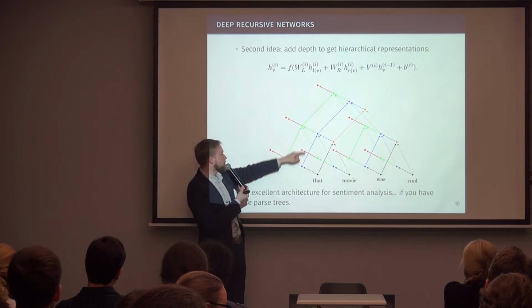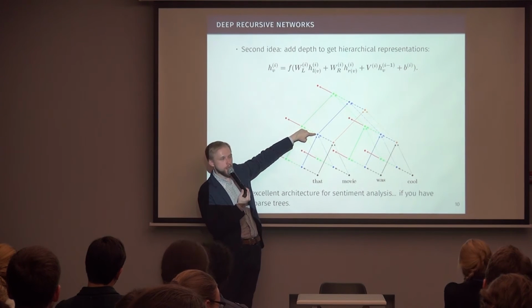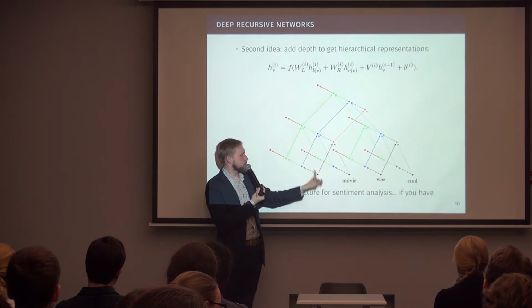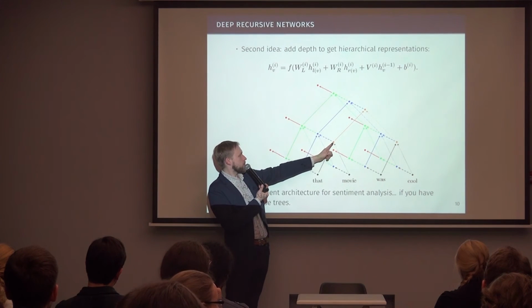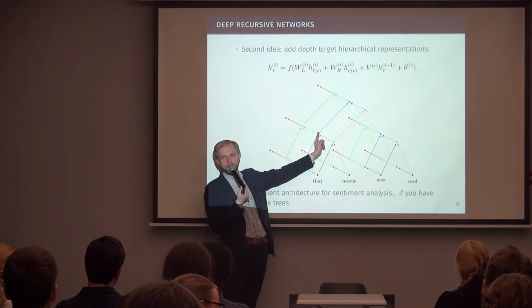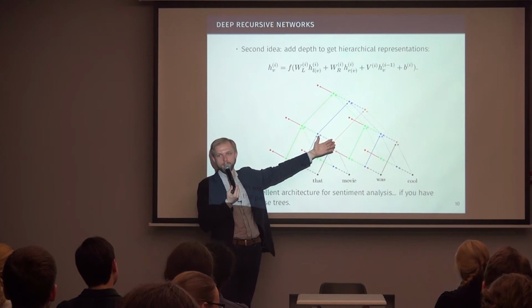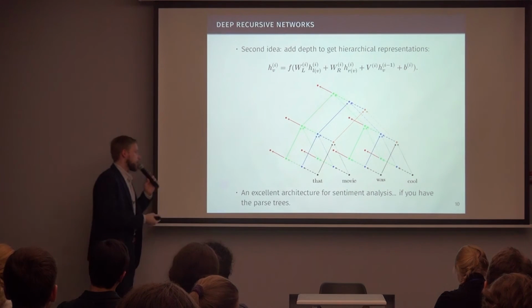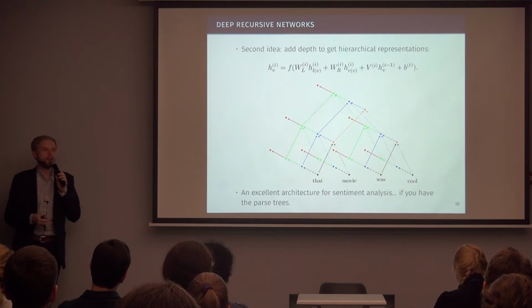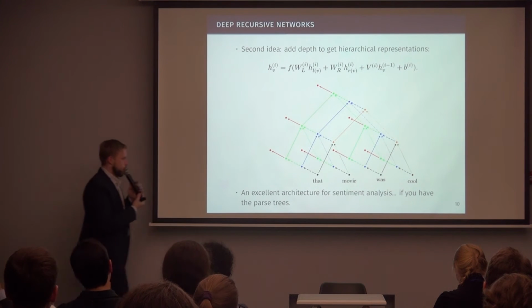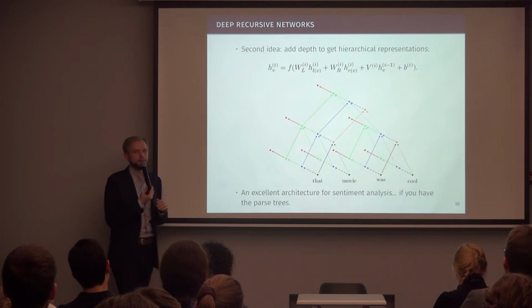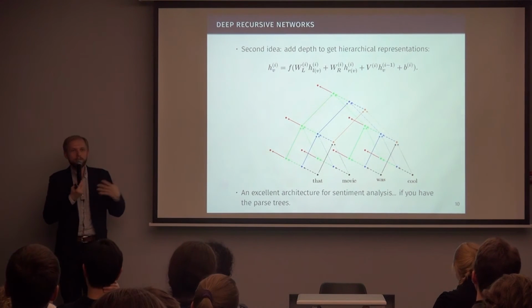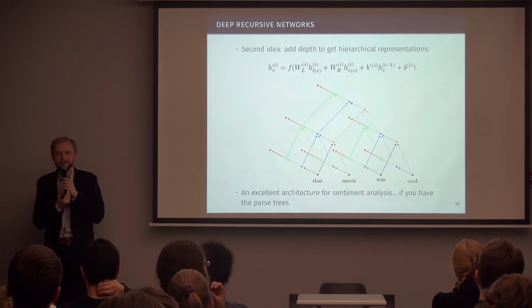This blue node here takes as input the blue nodes on the previous level in the tree, and the corresponding node on the previous layer of the network. And again, this is an excellent architecture for sentiment analysis if you have the parse trees. Because composing a parse tree is a problem in itself, as you all know.